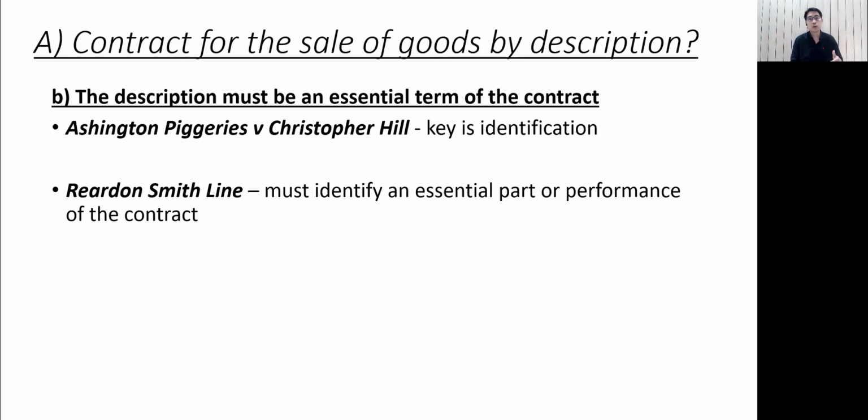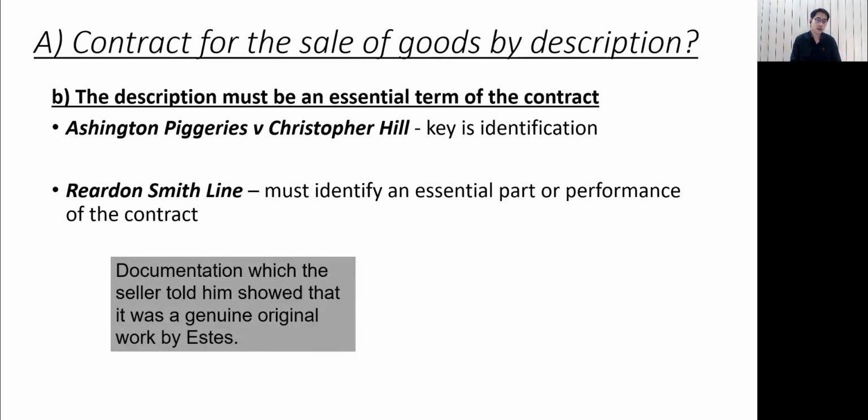Right? So having a look at these two cases, we look back at the term that we are now discussing, where the seller had assured the buyer that based on the documentation, this is a genuine original work. Would you think that this is beyond just a term, a fundamental term?